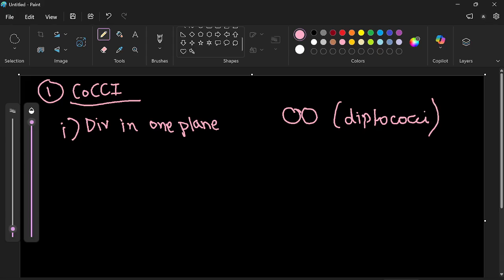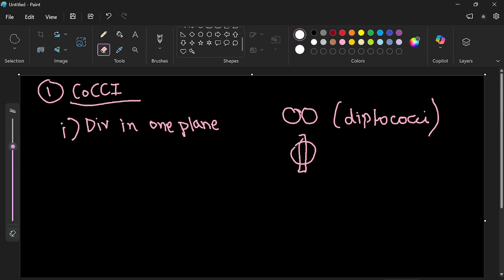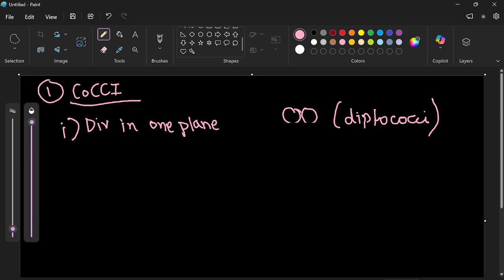And as you can see, the plane of division is from one plane. Okay, so this goes for every one, if you're not aware of that.